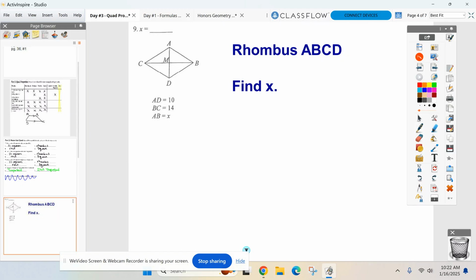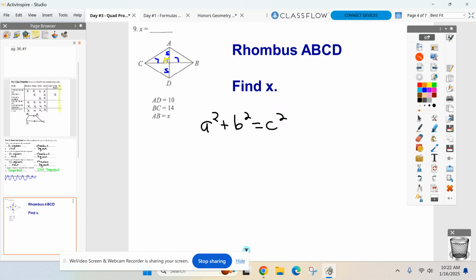They bisect each other, so AD is broken up into 5 and 5. BC is broken up into 7 and 7. And you told me they're perpendicular. I believe this is one of the formulas I threw up on the board that you're going to need to know, which is Pythagorean theorem.